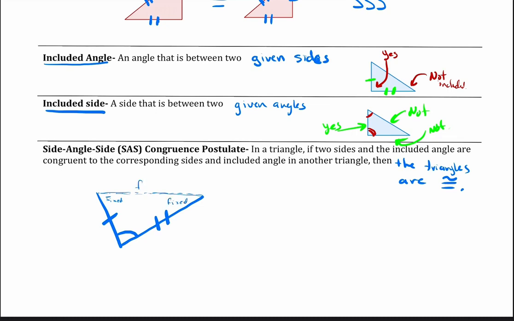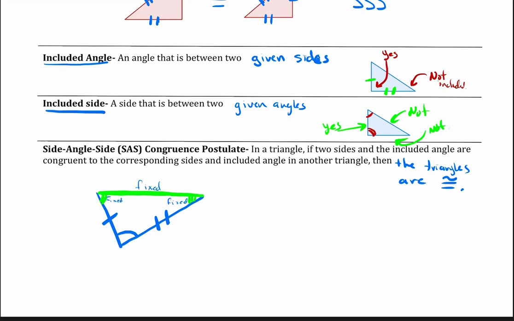So these sides here, this green side as I put it in here, even if we're not given that side, there's only one side that can connect the other two. And if we look at these angles, there's only one angle that'll work here, and there's only one angle that'll work there. So those green angles and that green side have to be that way if we know that the two blue sides and the blue angle are what they say they are.